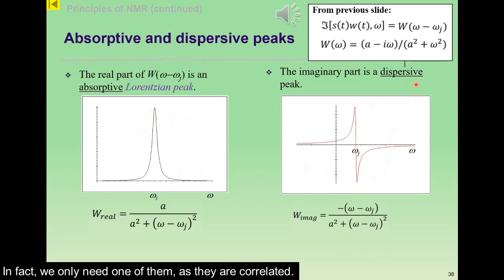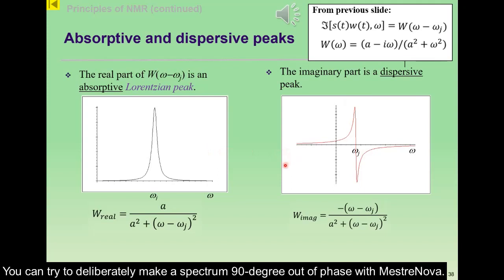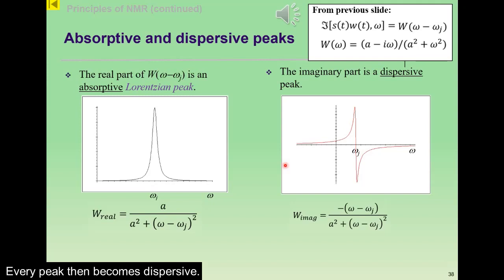In fact, we only need one of them, as they are correlated. We can produce the other one simply by a phase shift of 90 degrees. You can try to deliberately make a spectrum 90 degrees out of phase with Mestrenova. Every peak then becomes dispersive.